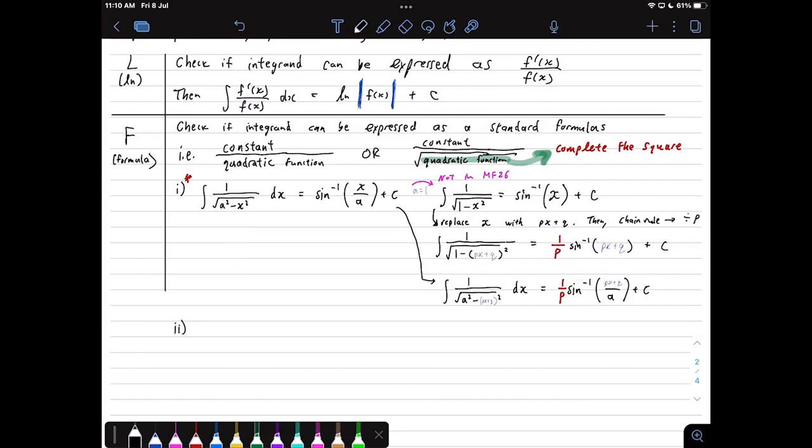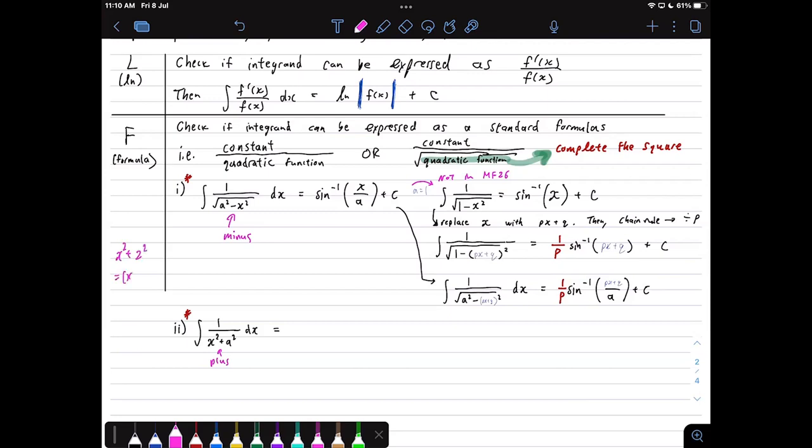Part 2 is the integral of, I'll put a star there. Star means it is inside the MF26. So the integral of 1 over x squared plus a squared dx. Notice that here is a minus, there it's a plus. Can you factorize or not when it's a plus, like x squared plus 2 squared?